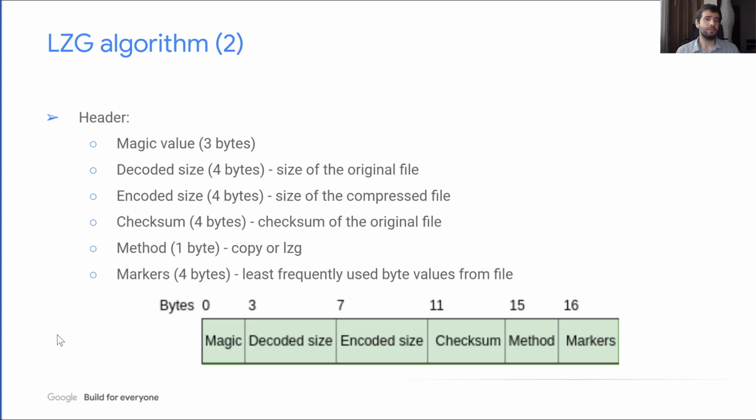In case of the LTG method, it will also include 4 markers, which are the 4 least frequent byte values in the original file. These markers are used to encode the commands, and they were selected in such a way to minimize the number of escape sequences for the marker literals.